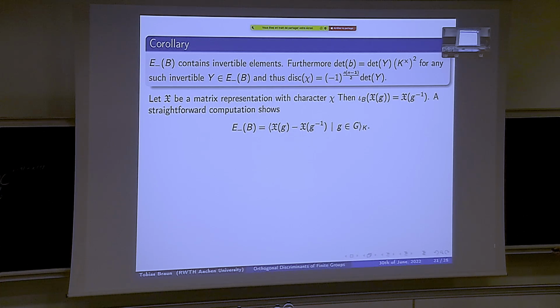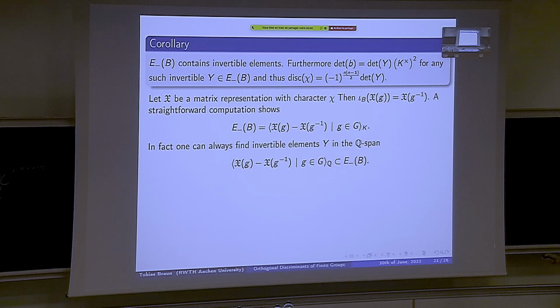And you can, in fact, show that E minus B can be written like that. And my point is, on the right-hand side, there is no B anymore. So if you want to compute the determinant of B, you basically only need to know your matrix representation. You don't need to construct your form. And this can be very easily done by some computer algebra systems, up to a degree like 1,500 if you use Magma. But that's just way easier than constructing a bilinear form that you might know nothing about.